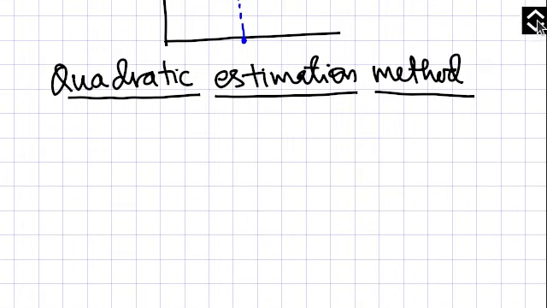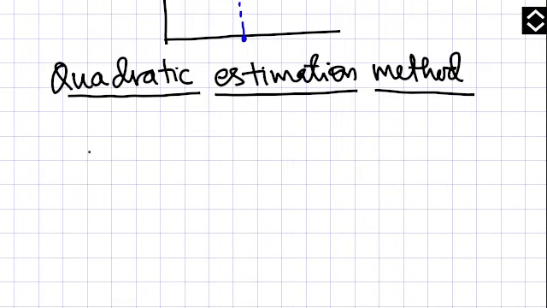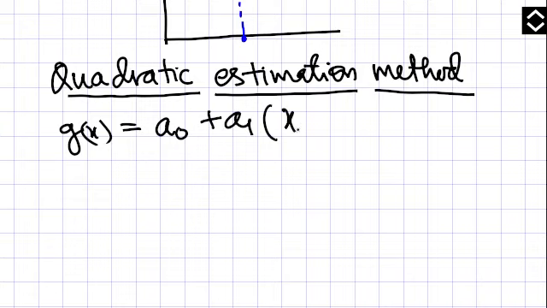What is that quadratic approximation? You can write the function as g, because this is the approximate function that we will take as approximation. It is not our real function actually.